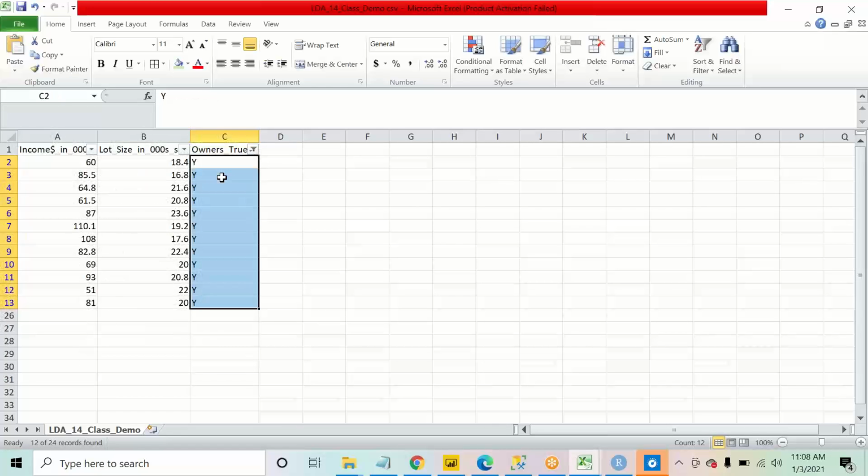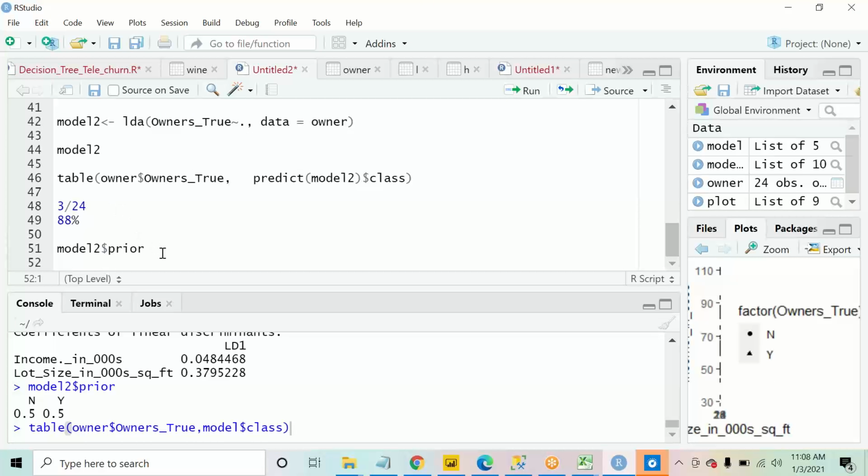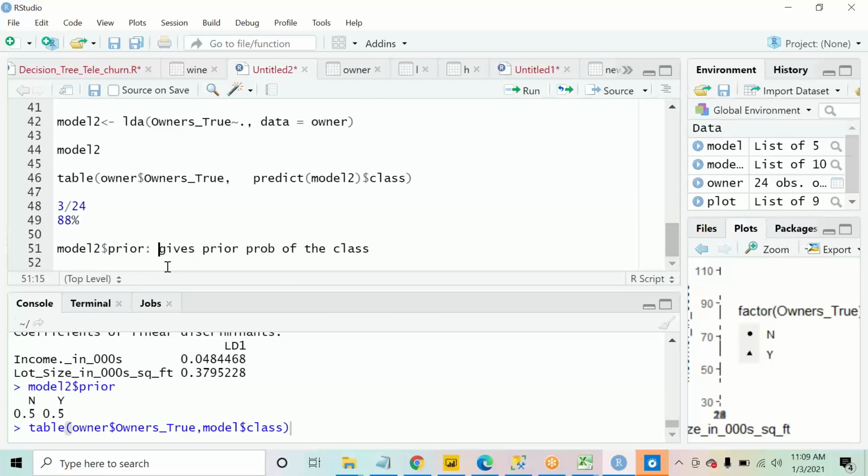So what is the probability of yes and no before the model is created? That is called the prior, right? This is the information that is generated by this LDA model technique, which is coming as 0.5 and 0.5. It gives the prior probability of the class. This is something that is generated by this model.